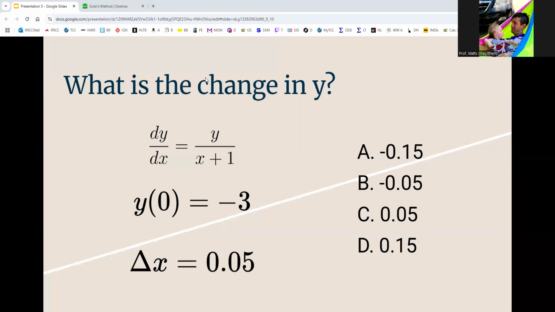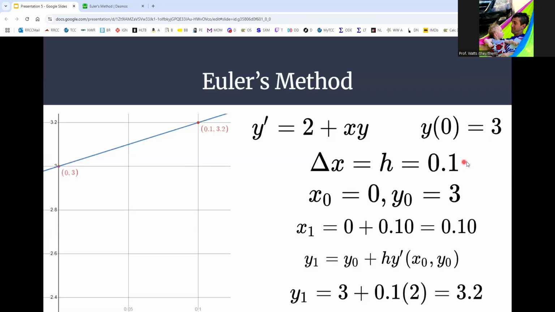Right, back to our problem. So here I've taken one step with Euler's method, and just to recap, I had my differential equation y prime equals 2 plus xy, my initial condition 0, 3. So starting at 0, 3, and then I get to pick this step size, delta x, though in a lot of the formulas in code, it'll often be denoted with an h. And I chose 0.1.